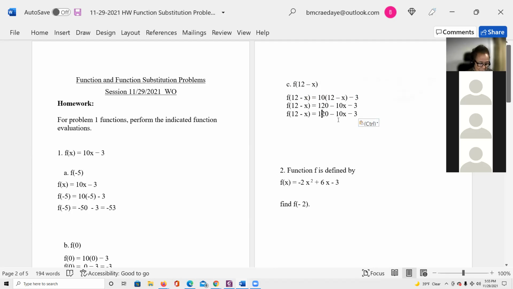So we're combining those constants. So that would be 117 and minus 10x. That's your answer. So f of 12 minus x would be 117 minus 10x.